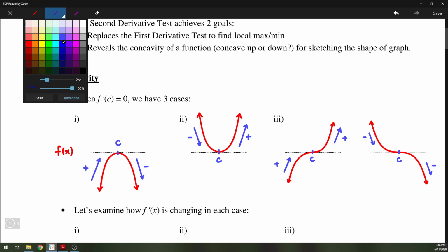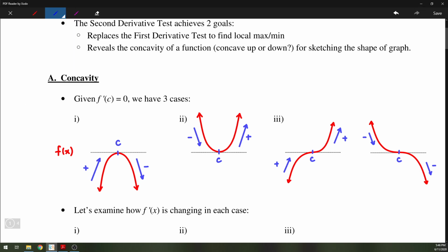In the first graph, we have at c a local maximum. In the second graph, we have a local minimum. And in the third case, the next two graphs both have inflection points at c.